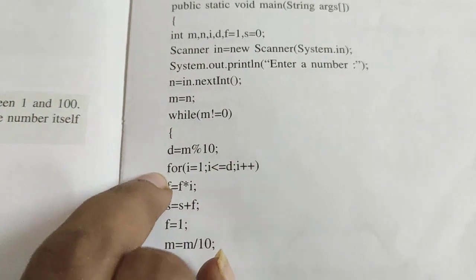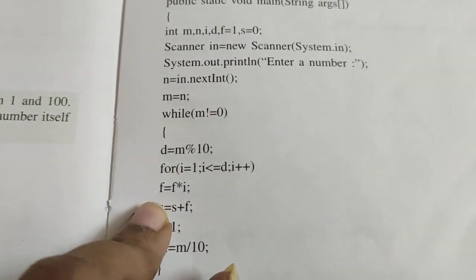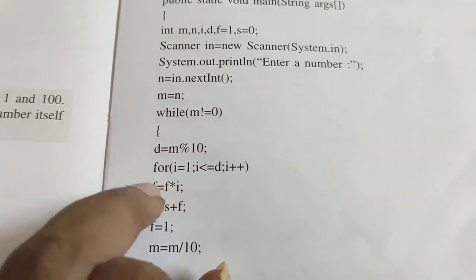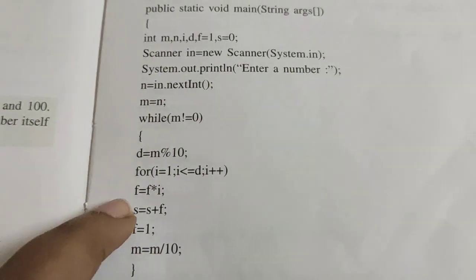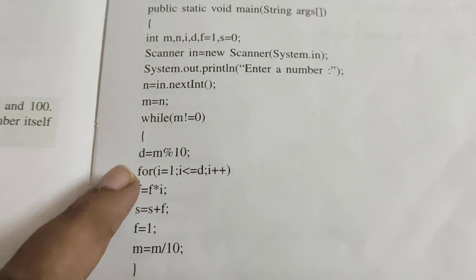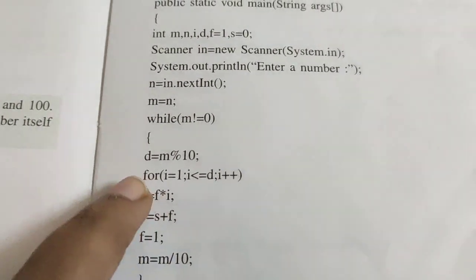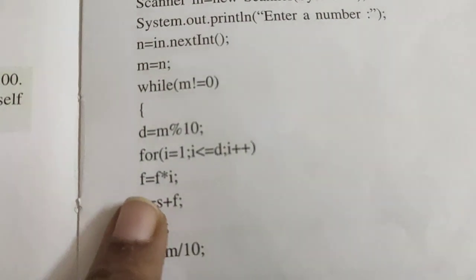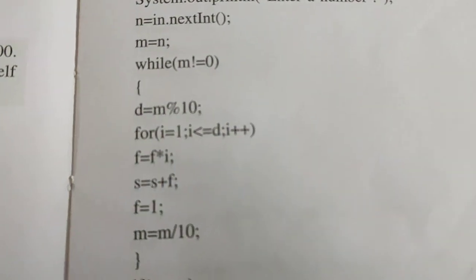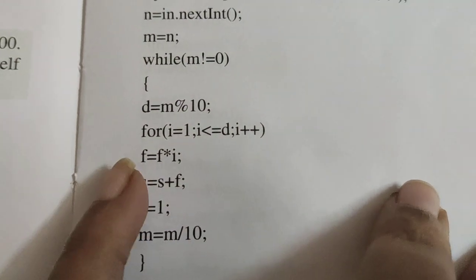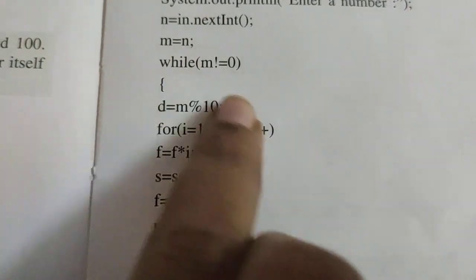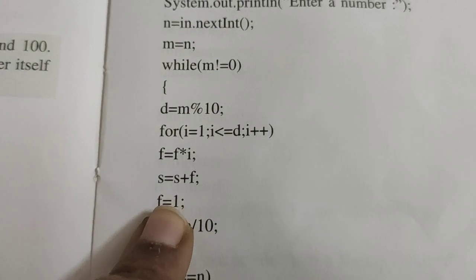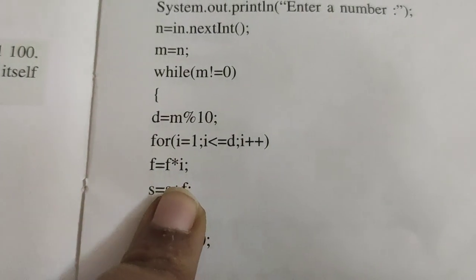See here, this for loop is without the curly braces, so for each iteration only this one statement will be executed. If it is not with curly braces, only one statement can be executed, only that next statement alone it takes for execution. The other statements will be skipped. Once all the iterations are over, then only it goes to the next statement.